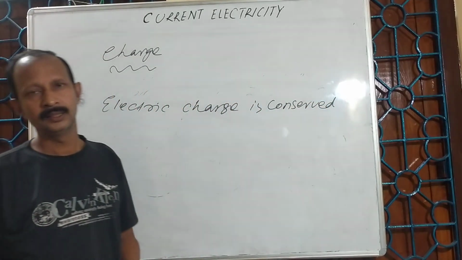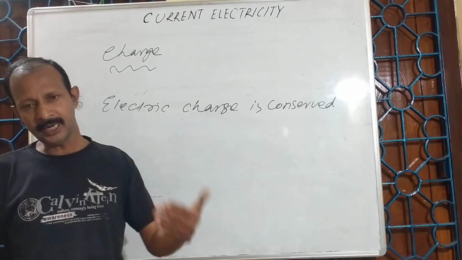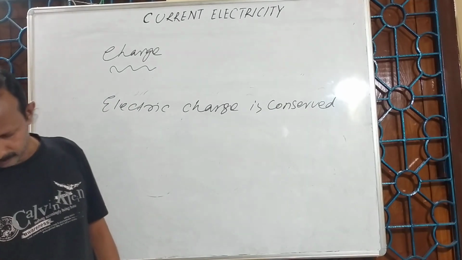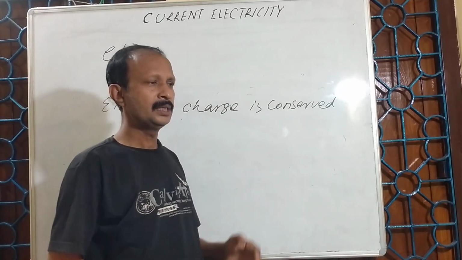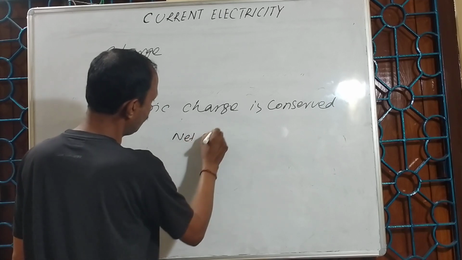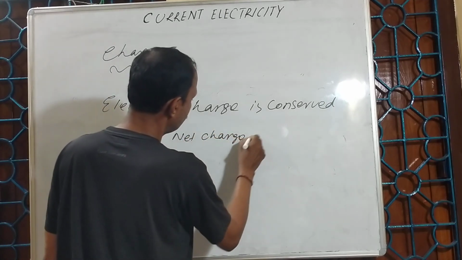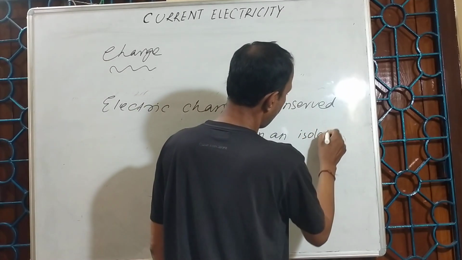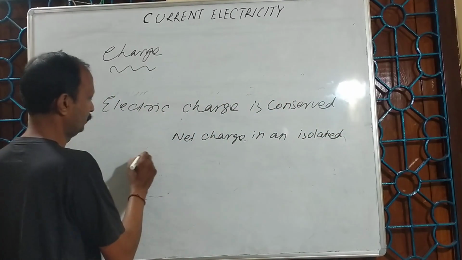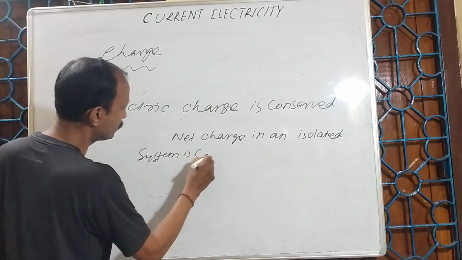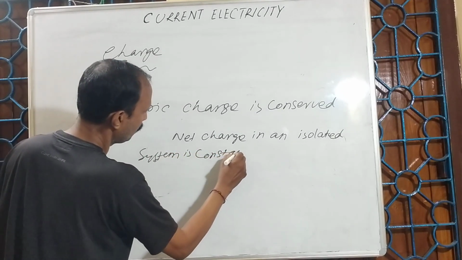That means charge can neither be created nor destroyed. That means the net charge in an isolated system is constant.